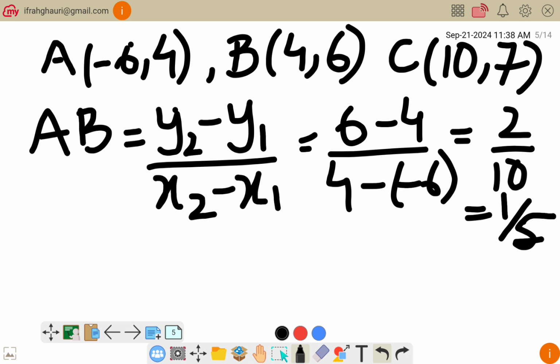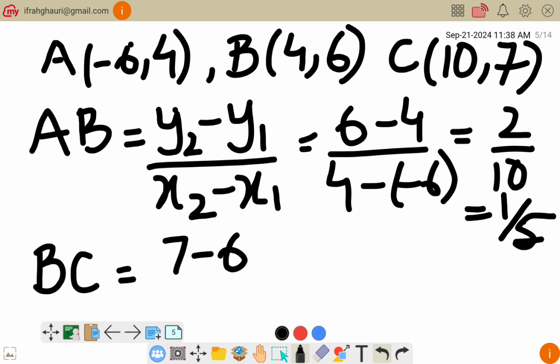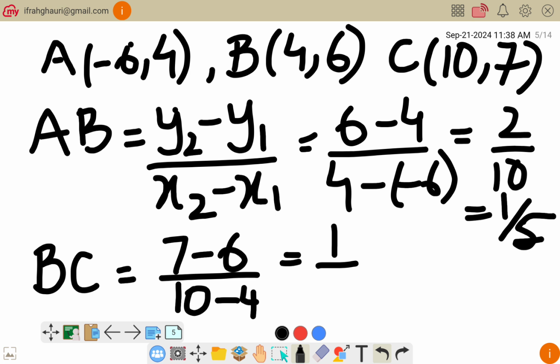And the gradient of BC is given as 7 minus 6 over 10 minus 4. So that is equal to 1 over 6. So the gradient of AB is 1 by 5 and the gradient of BC is 1 by 6.